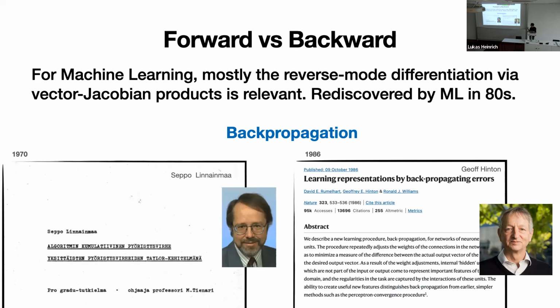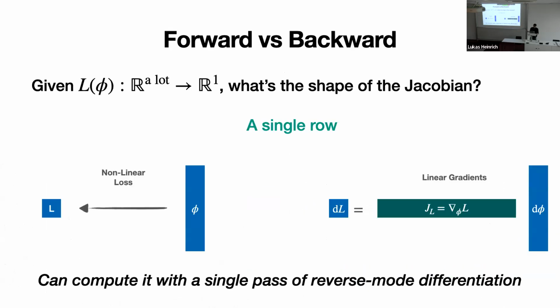What's interesting is the history of machine learning: it didn't really develop this overall concept of forward mode and reverse mode. It's clear why, because the only thing they were ever interested in is a single row Jacobian, right?